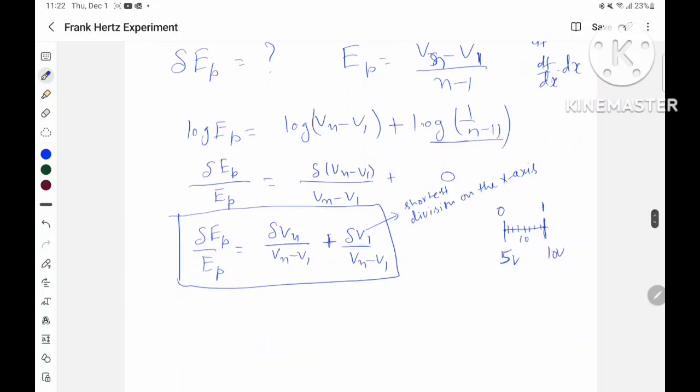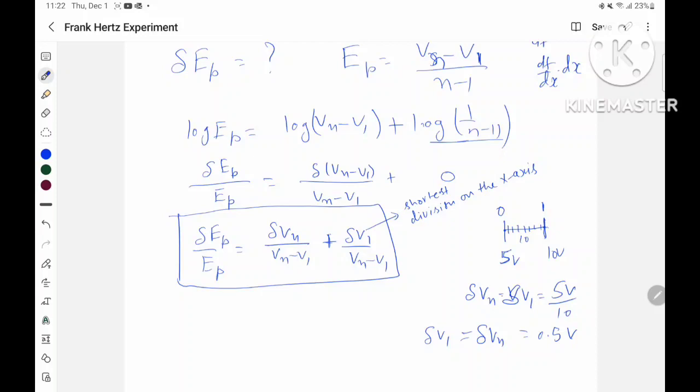In that case, your delta Vn is equal to delta V1 is equal to, how much is the difference? 5 volts divided by how many divisions are there? 10. So that is equal to 0.5 volts, which is your delta Vn or delta V1.